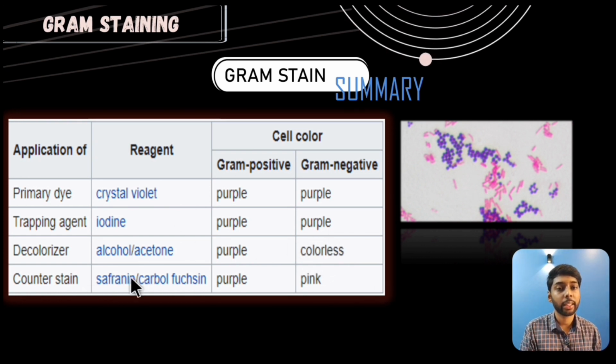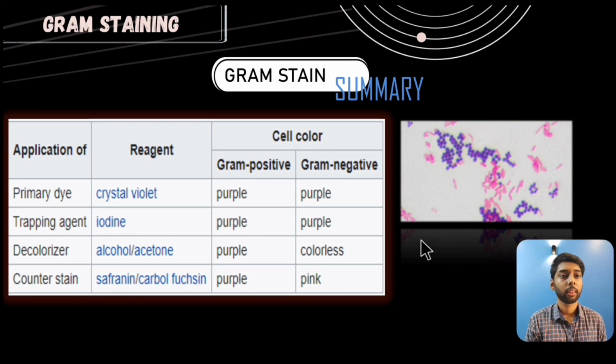Then to visualize them, we use a counterstain, a red dye named safranin, and the gram-negatives will dye pink, whereas the gram-positives will still retain the primary dye, crystal violet. So the end result would be blue or purple colored gram-positives and red colored gram-negatives.